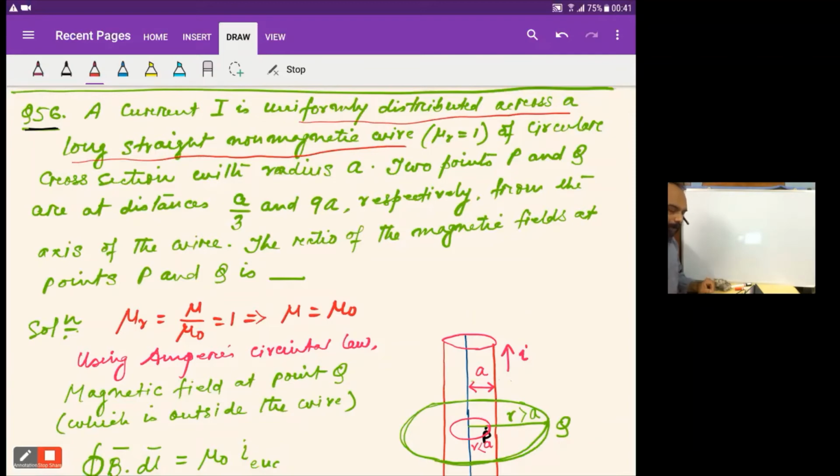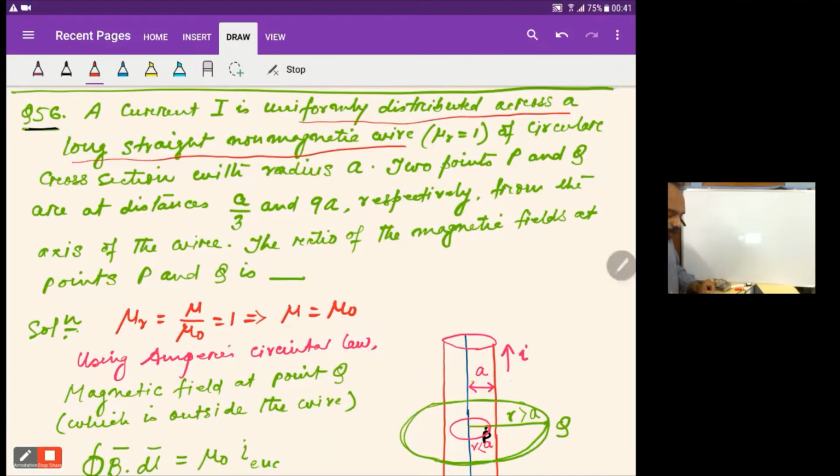Two points P and Q are at distances a by 3 and 9a respectively from the axis of the wire. The ratio of the magnetic fields at points P and Q is, we have to find out the answer. Here mu r is nothing but mu by mu naught, which is equal to 1.